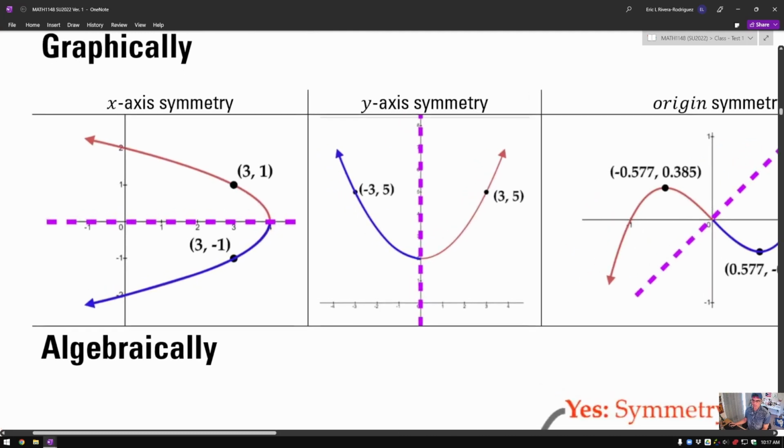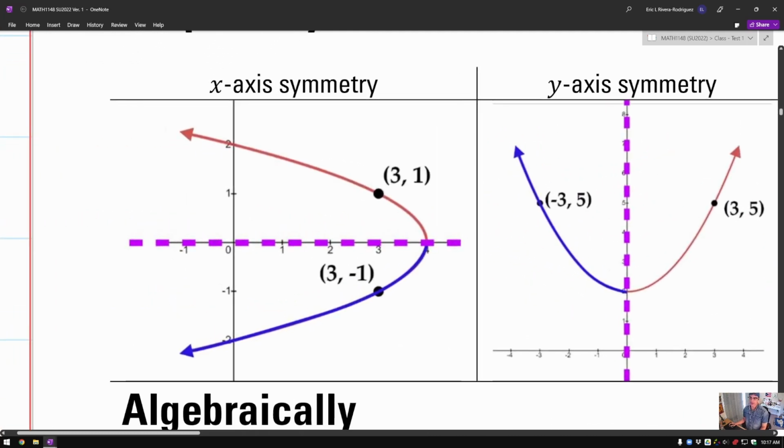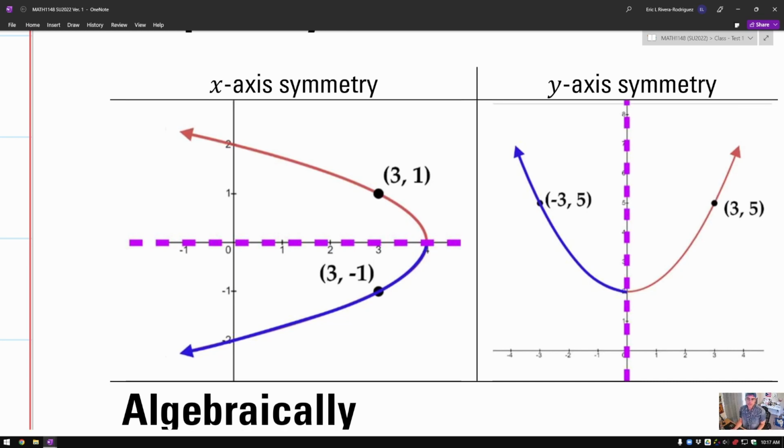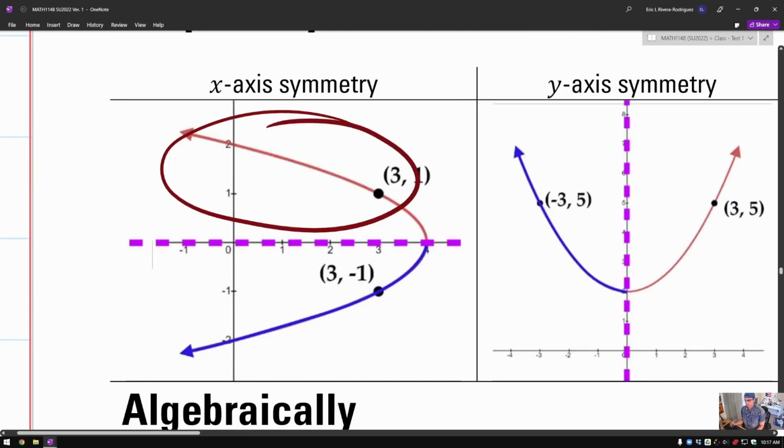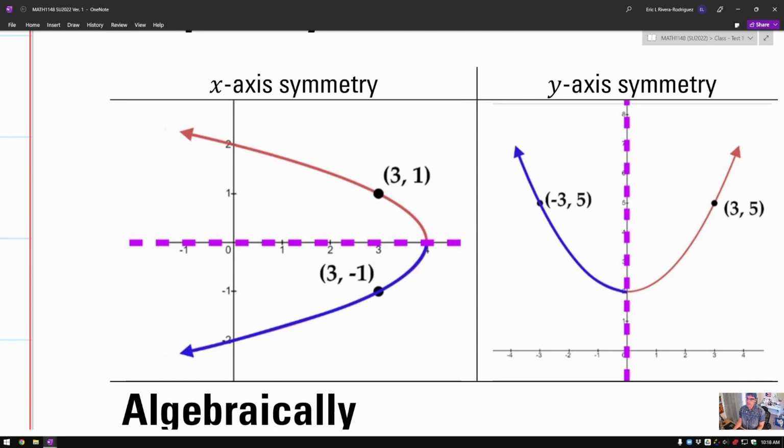What we are seeing here is a graph that has symmetry with respect to the x-axis. What does that mean? Well, that we have a mirror effect between the top part of the Cartesian plane and the bottom part of the Cartesian plane. Let me erase this because this is going to confuse you. Okay, so what we have here in red is the same but reflected in blue.